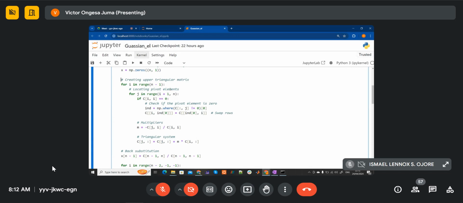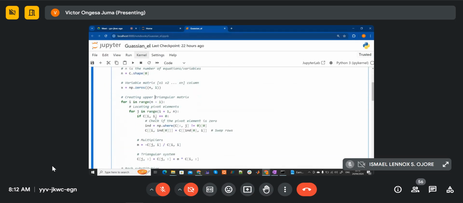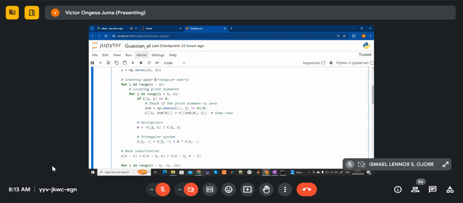The variable i goes through all the rows, and then you go through all the columns. For each i, what happens first is you identify the pivot element. Once you identify the pivot element for each i, you start with j onward.